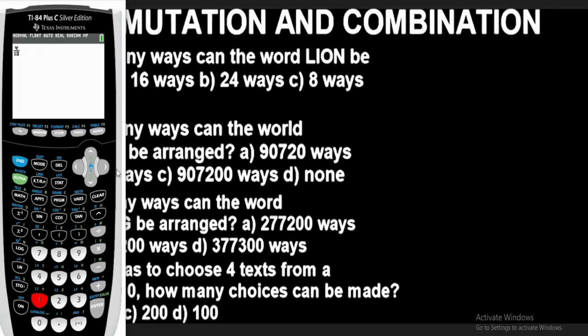Another way to bring up factorial is to press alpha and the window button again. Factorial is 9, and I prefer this way. Press 9. So 4 factorial over 1 factorial, enter. It will still give you 24. So that's it for question 1. Let's solve question 2.